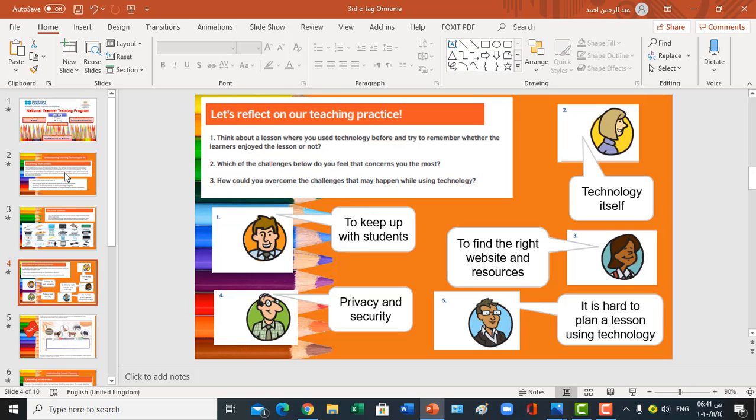It's a very big problem because the internet in Egypt is to some extent weak, and we don't have a suitable number of computers in our labs. One of the trainers or the participants said that we have only one computer for every 20 students. This is very difficult to teach something using this computer. How can I do this?